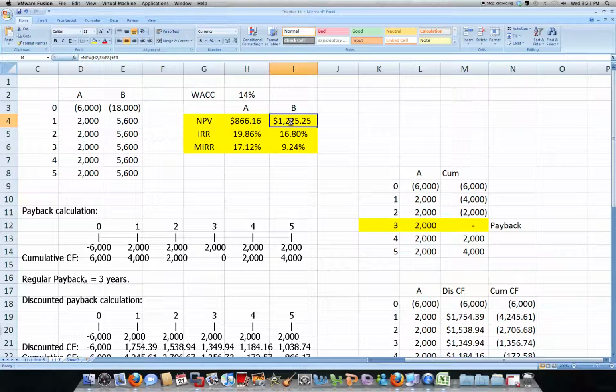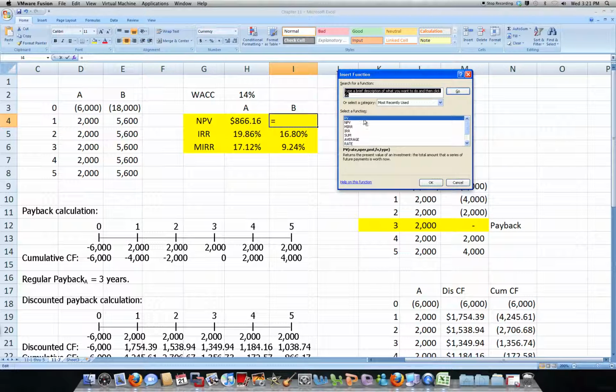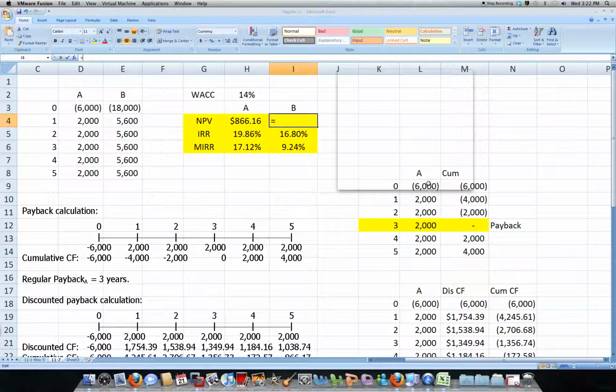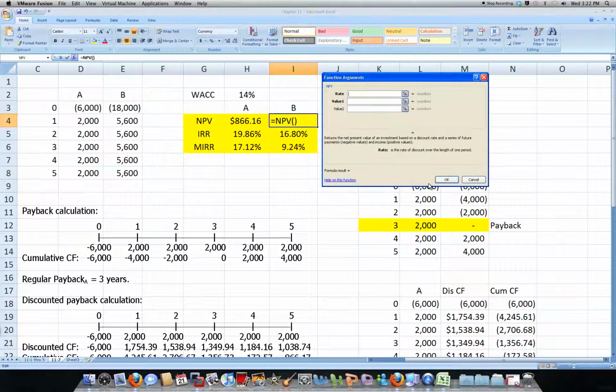So let's just try and do it for B. I'll just cancel it out. Find our formula. Okay, so we want to find net present value. Here I've been using it, so I can just put it in there. If not, I could type it in there and it would find it for me. Net present value. Hit OK. And the rate is our weighted average cost of capital, H2, okay.